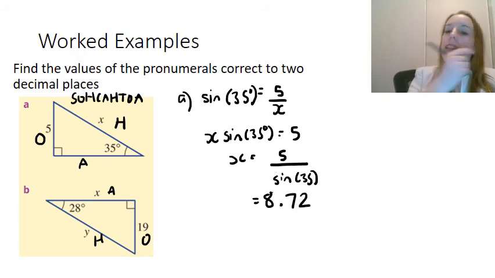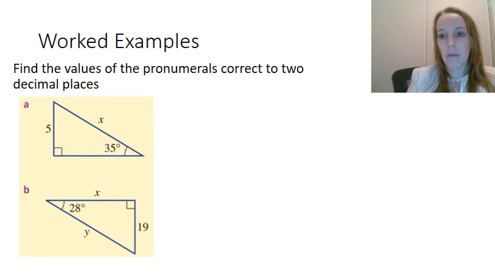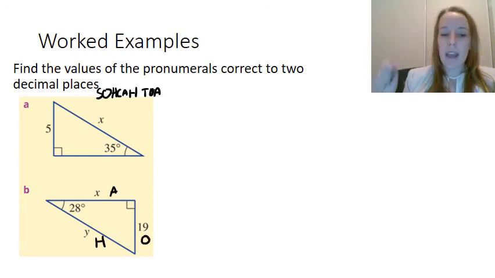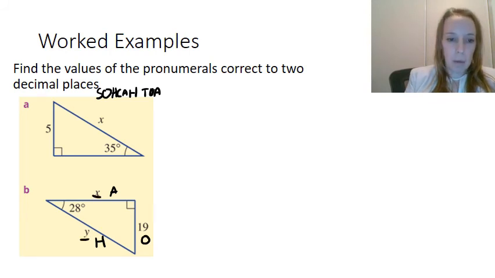Now, for B, it's actually a little bit more complex. So I'm actually going to clear the screen so I've got a little bit more space. SOH CAH TOA, label our sides again. Okay, so for this one, we have a few different variables here.